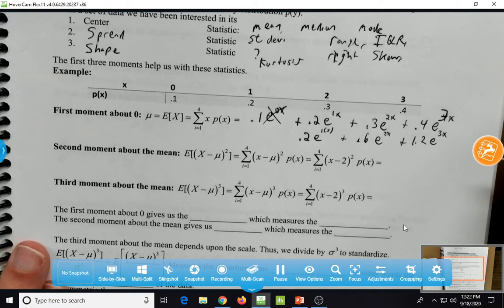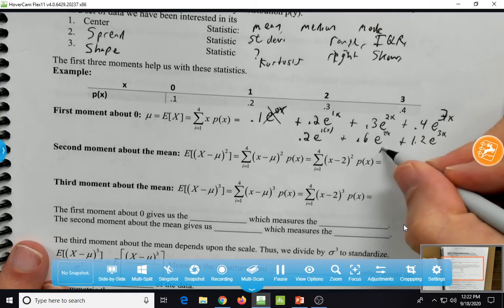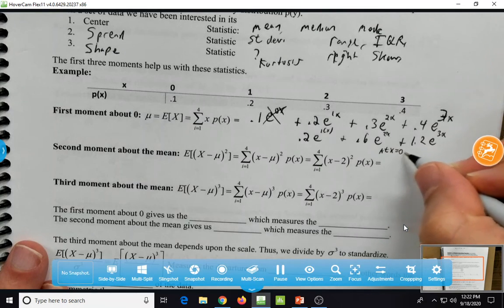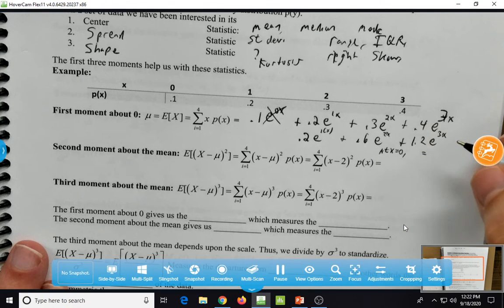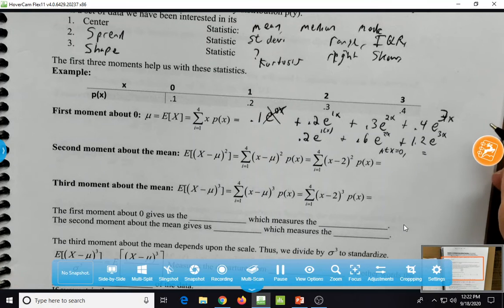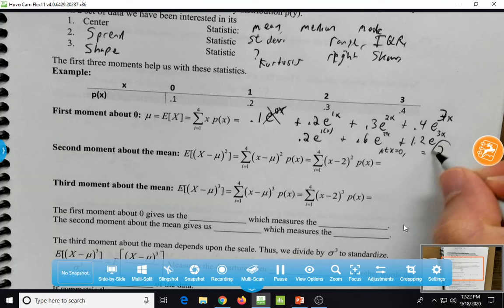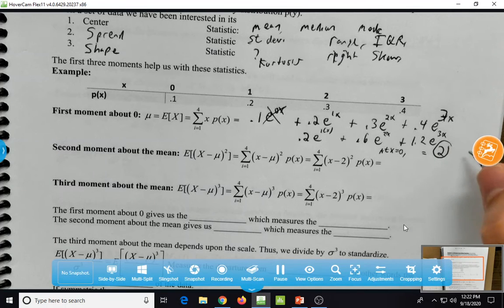And if I evaluate this at 0, this equals 0.2 plus 0.6 plus 1.2, which is 2. And this is my mean.